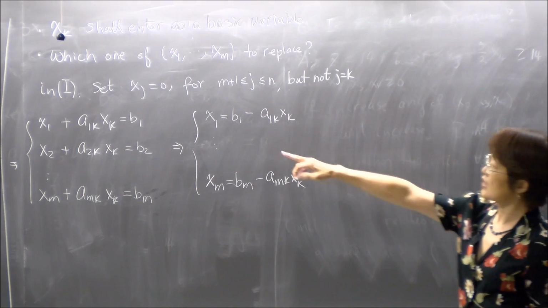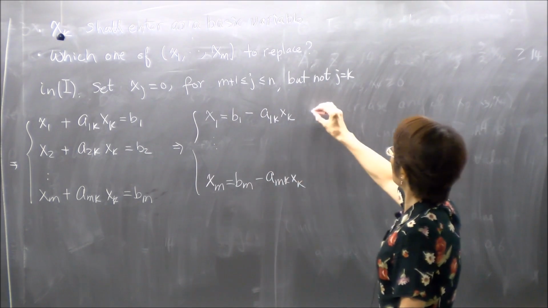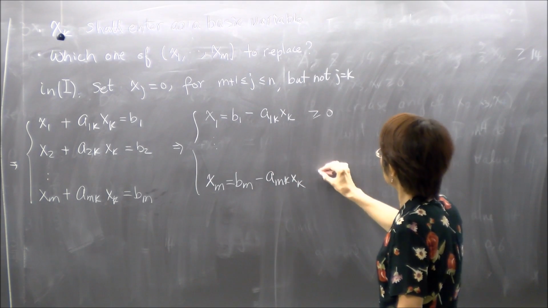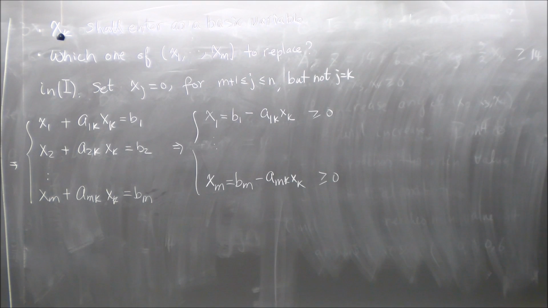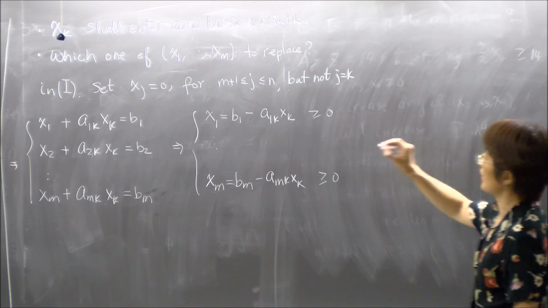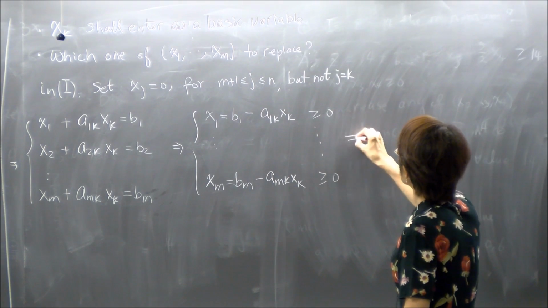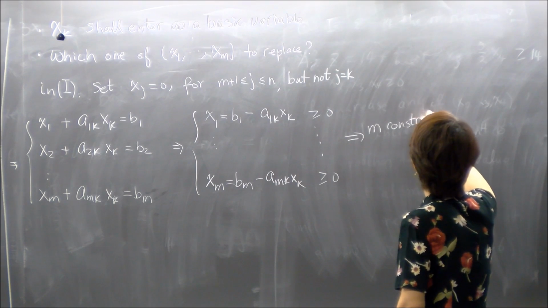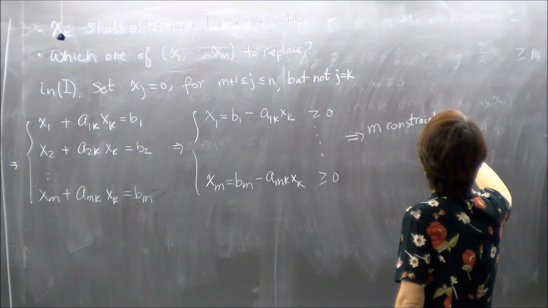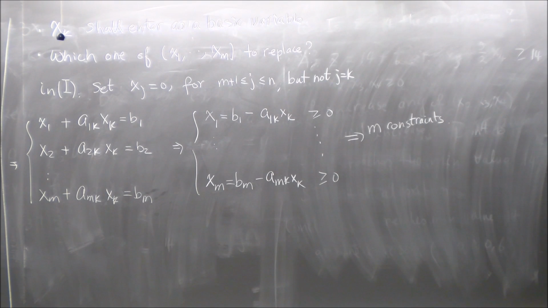And I know these variables are non-negative. So actually I will have m different constraints, maybe different. In the end, I have m constraints or conditions for xk to satisfy.